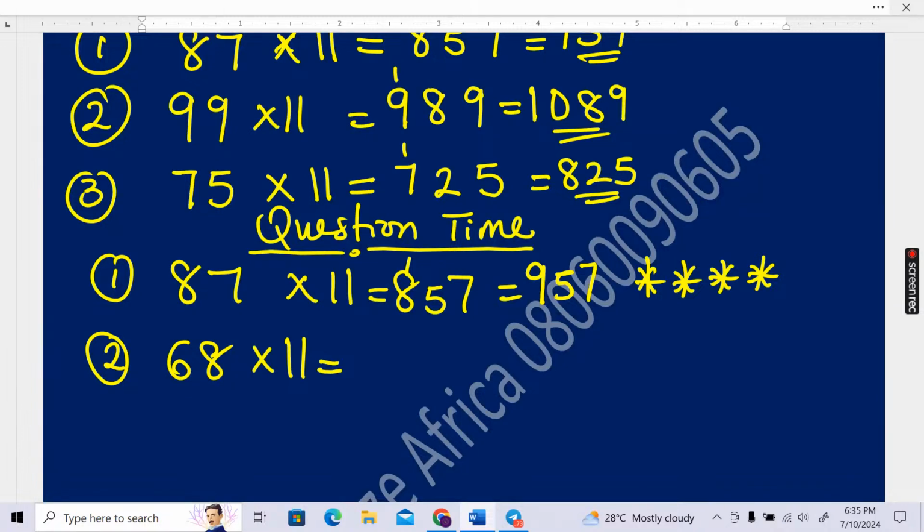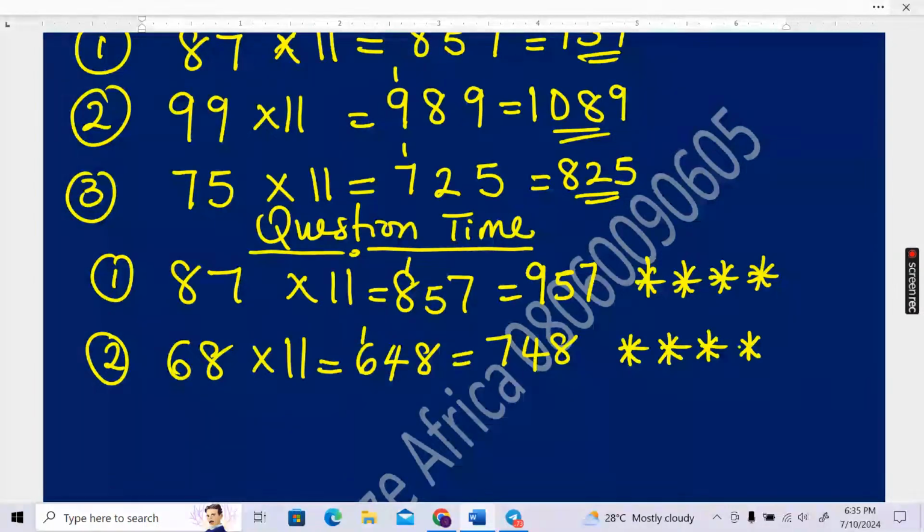So 68 times 11. Write down 6 and 8 with a space in between. Then add 6 and 8 together, you have 14. Write 4, carry 1 over. Add 1 to 6, that is 7. So the answer is 748. If you get this answer right, give yourself 4 stars.